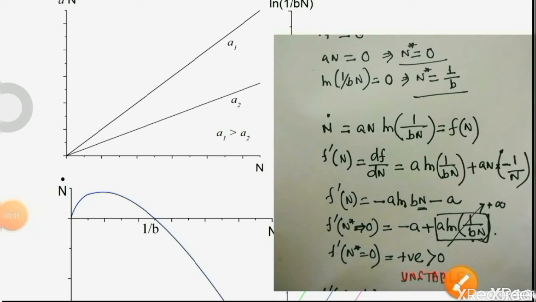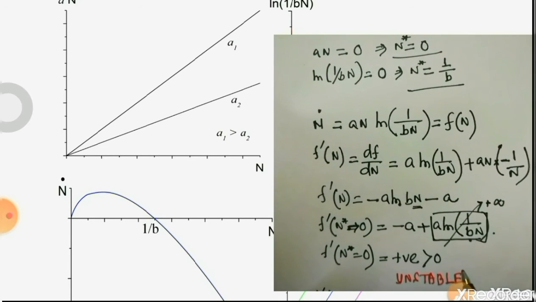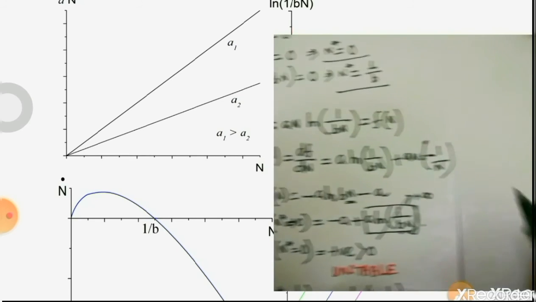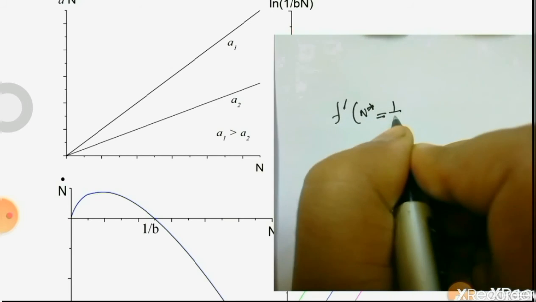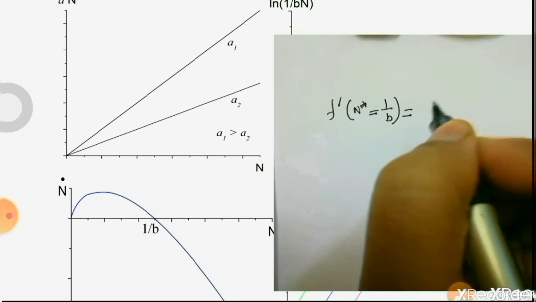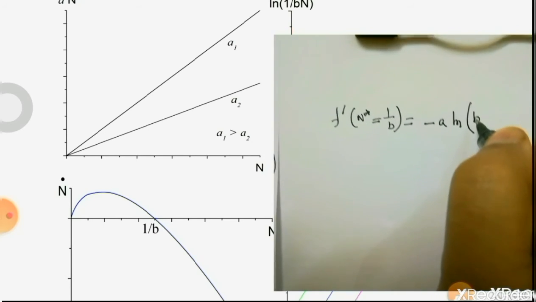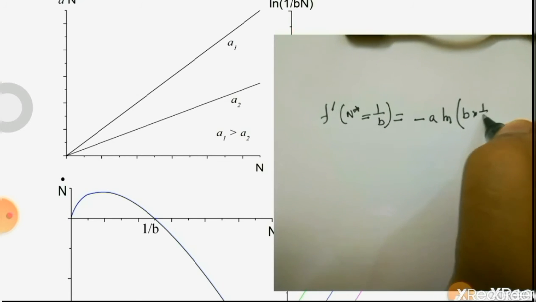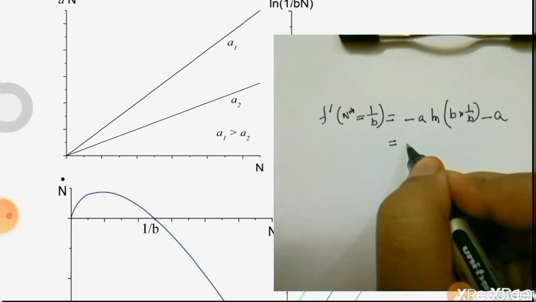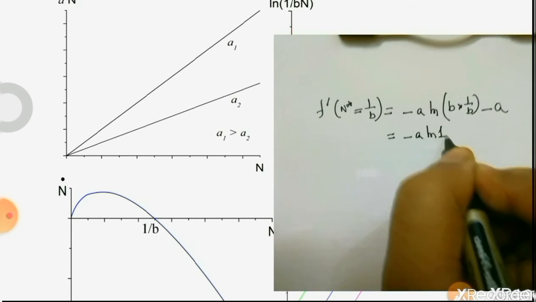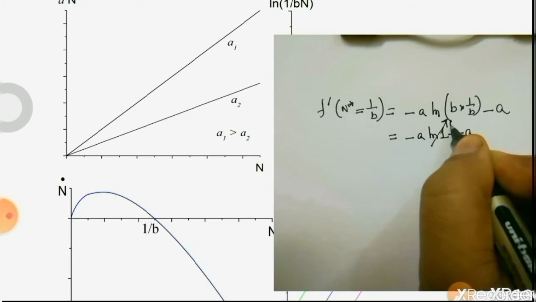Now, let us check the stability of the other fixed point, that is when n star equals 1/b. So, f prime(n star equals 1/b) equals minus a ln(b n) minus a, so we write b into 1/b. This will become a ln 1 minus a, and we know that ln 1 is 0.